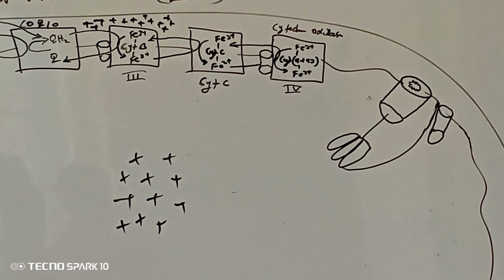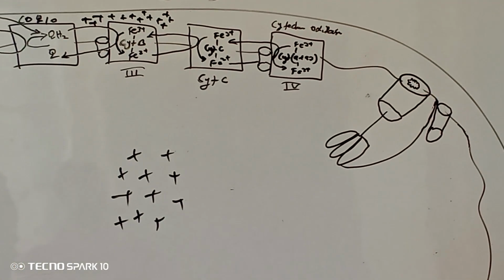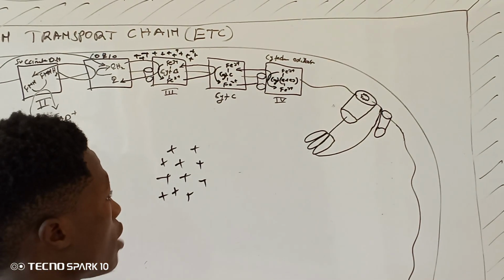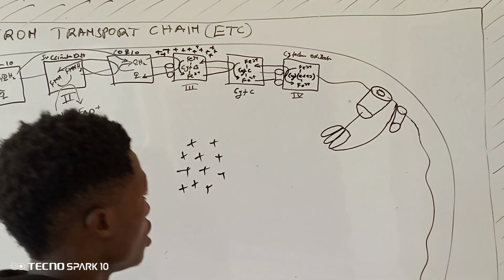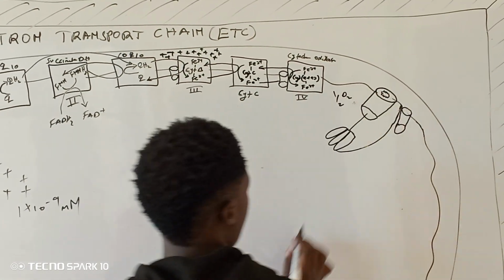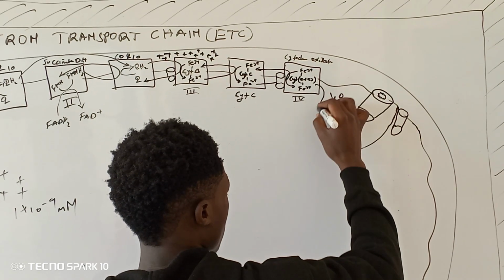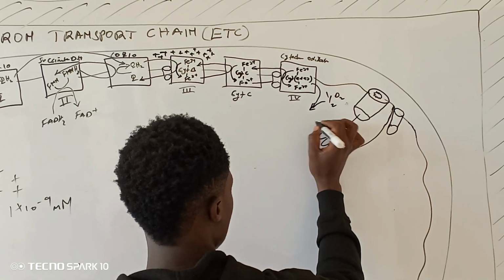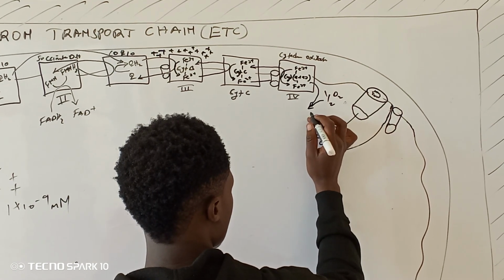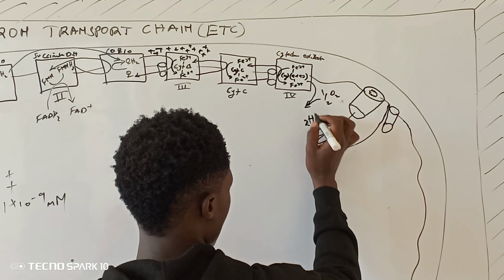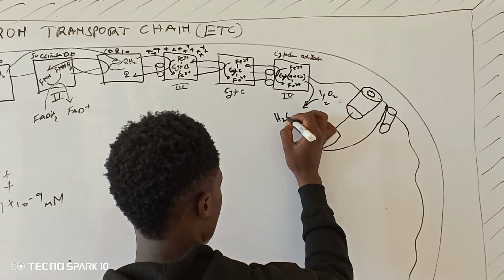So remember, the last electron acceptor in the electron transport chain is oxygen. So complex 4 doesn't have anywhere to unload the electrons apart from oxygen. So you have atomic oxygen here. Atomic oxygen is going to accept the electrons and combine with the protons to form water.